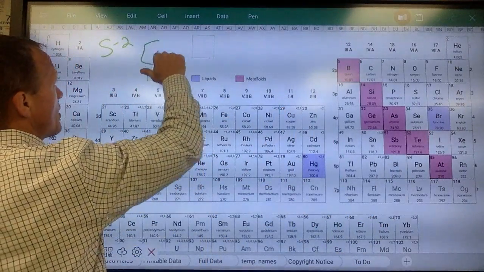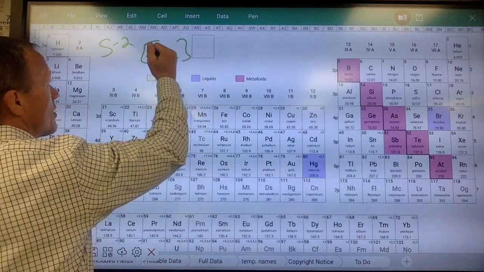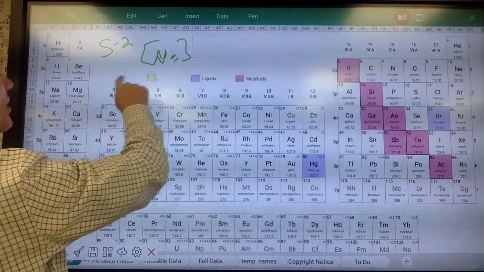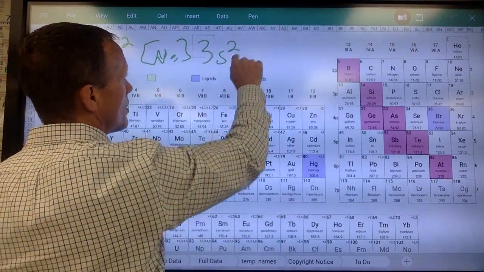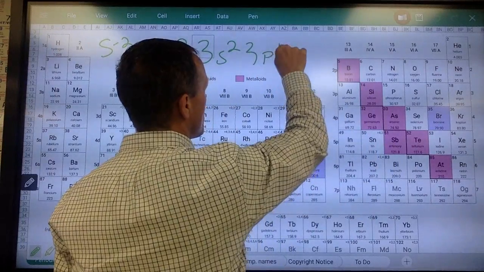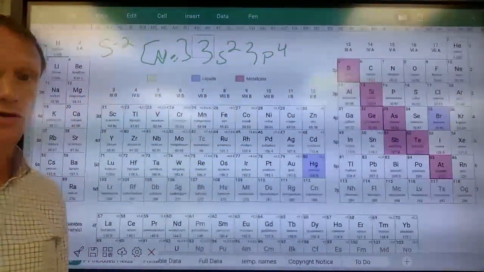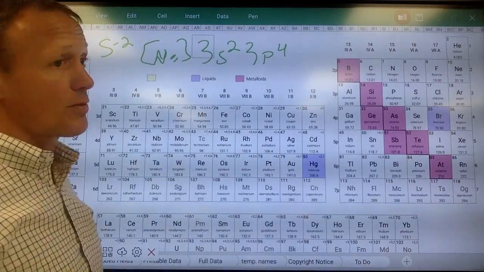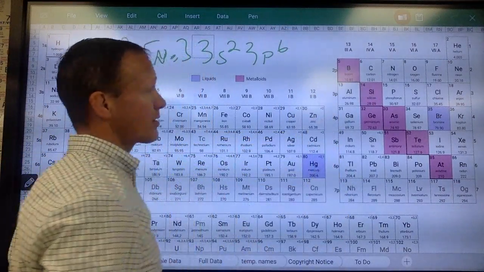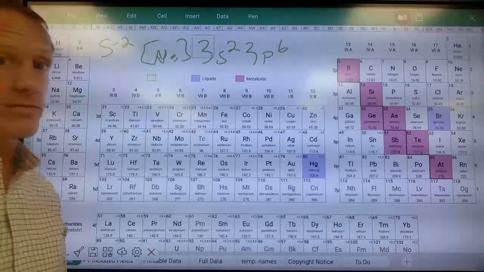We'd go neon, and then after neon, we go 3s2 and 3p4. That's normal sulfur with no charge. If it has a -2 charge, remember that means it has gained 2 electrons, so not 3p4 but 3p6. That gives it its 8 valence electrons.